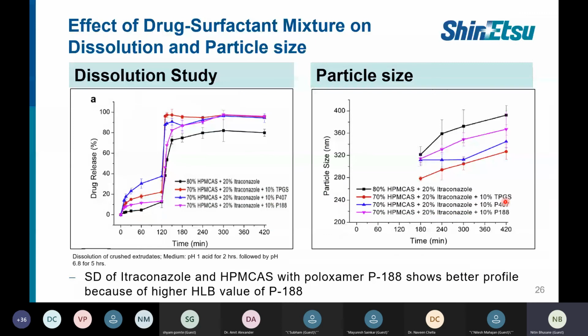And they checked the drug surfactant mixture. Basically, the drug and surfactant, that is itraconazole and poloxamer combination, they took and checked for the dissolution study.